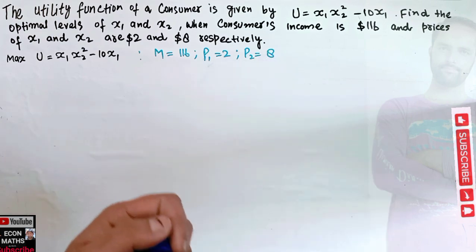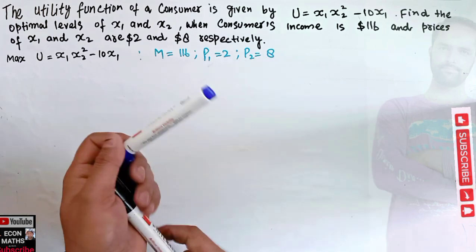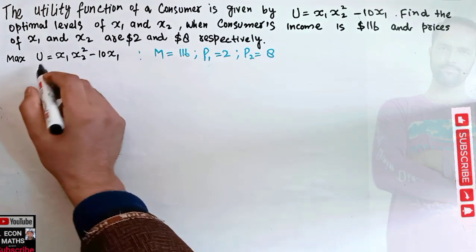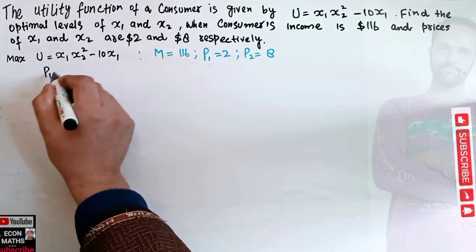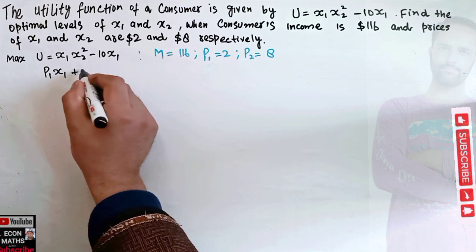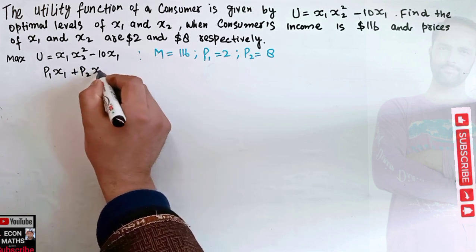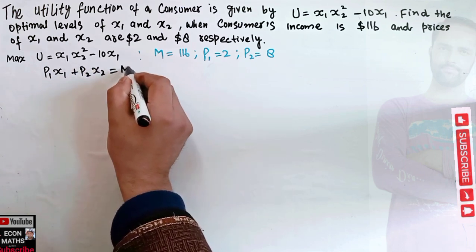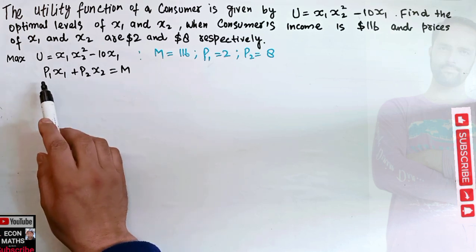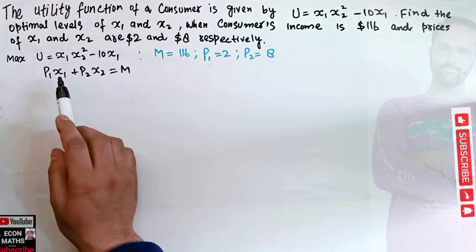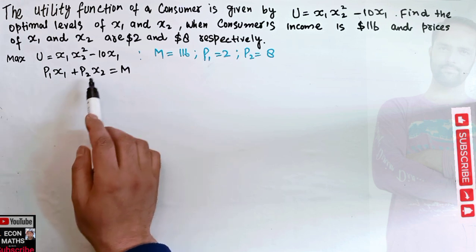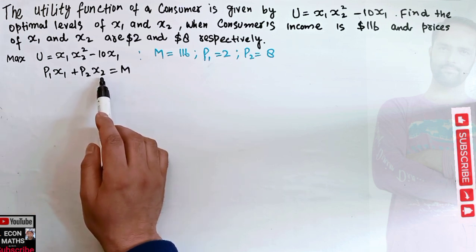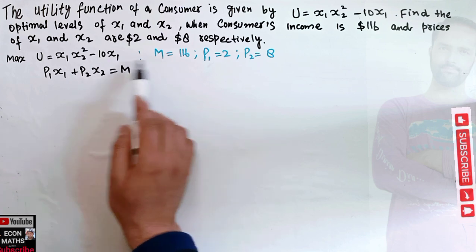Now what will be our budget constraint? Simply, our budget constraint will look like this: p1 x1 + p2 x2 = m. Here p1 is the price of good x1, x1 denotes the units of x1 being consumed, plus the price of x2 and the units of x2 consumed should be equal to m.